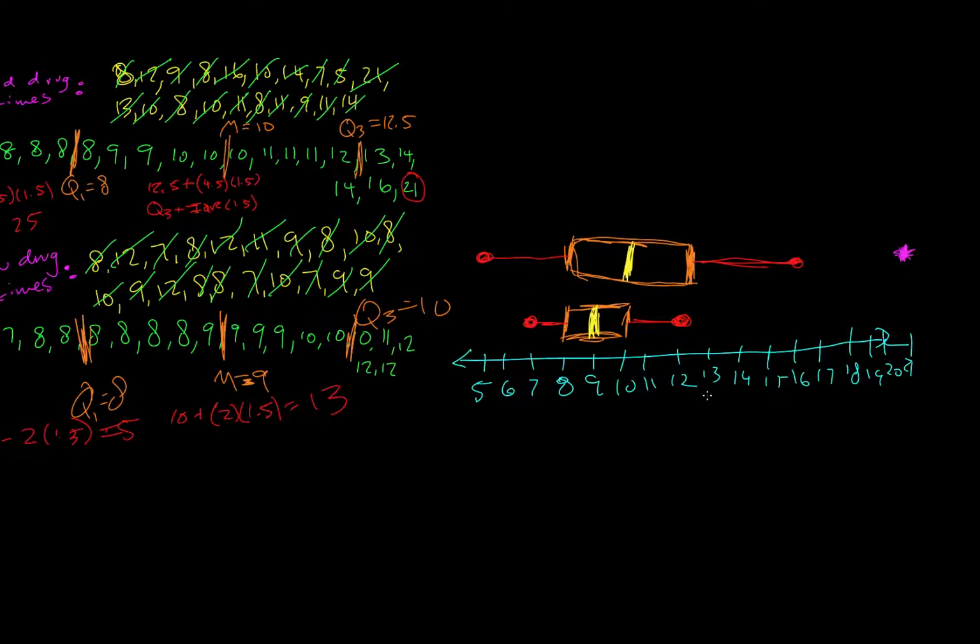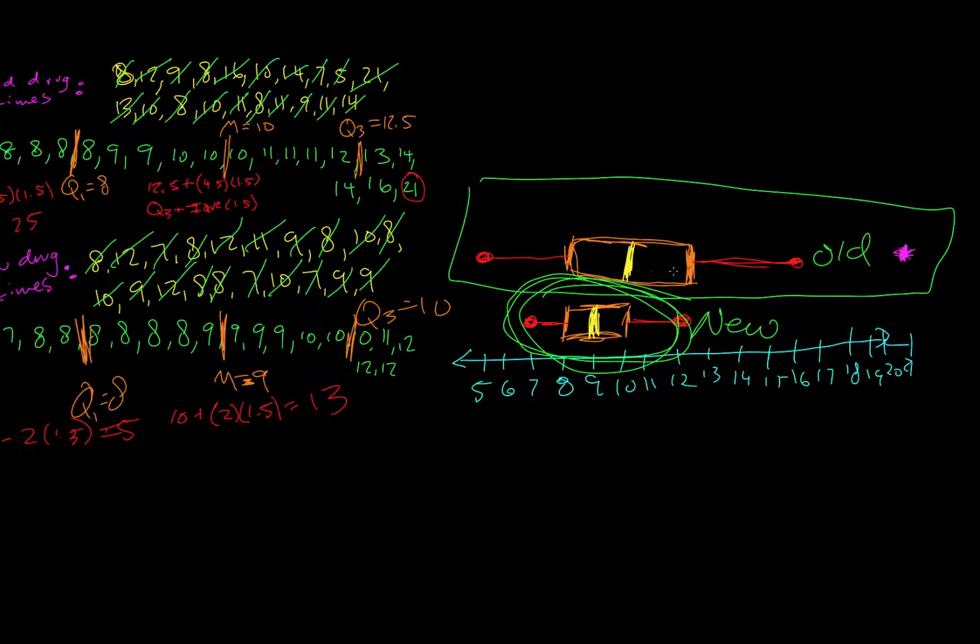Alright, so those are the parallel box plots. It says draw a parallel box plot for the data sets and use it to compare the two drugs. So the bottom one is the new drug, and this is the old. Now the new one is way more predictable because it has a tighter spread, okay? This one's way spread out. Even with that outlier taken out of there, it's still pretty spread out.